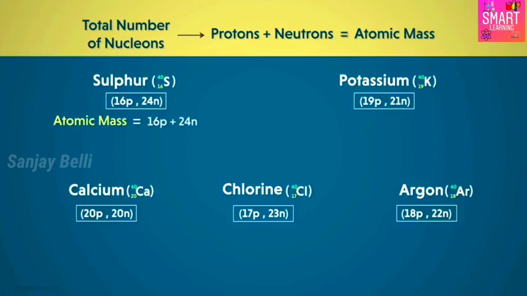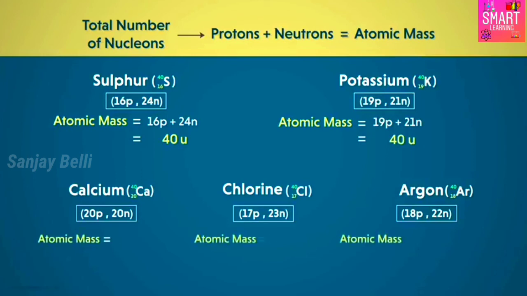So the atomic mass of this isotope has to be 40 units. That's 16 plus 24. Next is the potassium isotope having 19 protons and 21 neutrons. So again, we got the same atomic mass of 40 units. And similarly, we got an atomic mass of 40 units in each of the remaining cases.